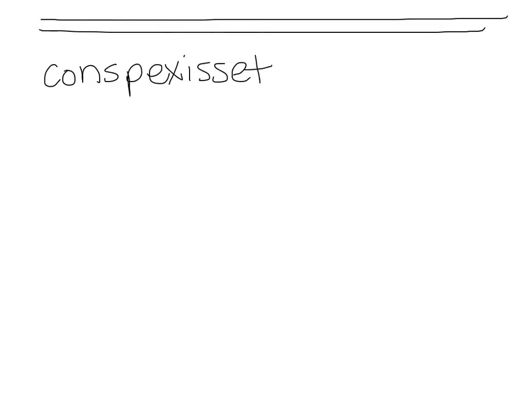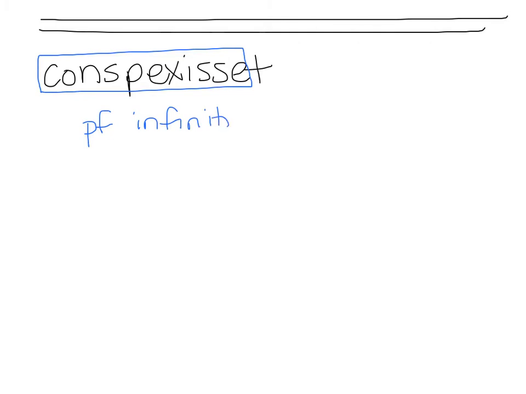So keeping with that same verb, I've got a stem, conspexisse, that is my perfect infinitive, and it's active. I'm just going to sneak that in there, my perfect active infinitive, plus this ending, t.